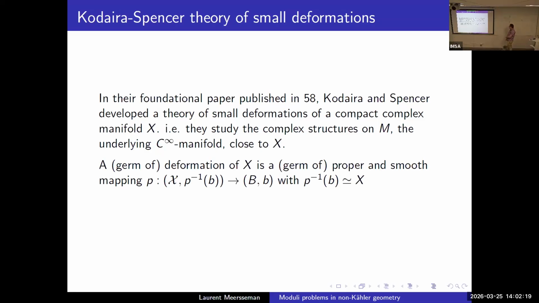So in modern language, let's say it's a proper and smooth mapping between analytic spaces with a distinguished fiber isomorphic to your initial X. And usually in analytic theory, you work with germs, which is simpler to avoid passing to smaller and smaller neighborhoods.